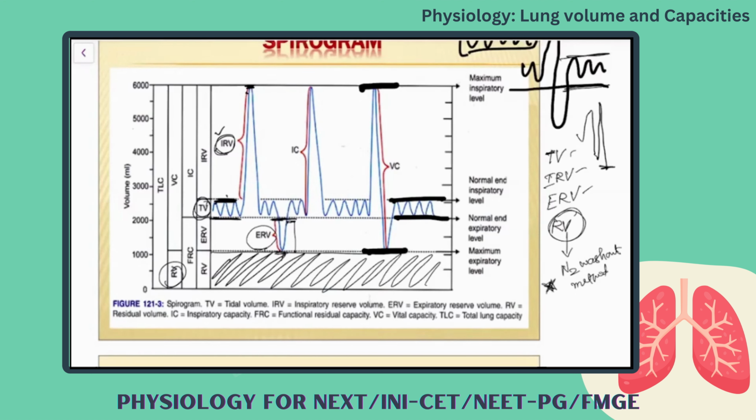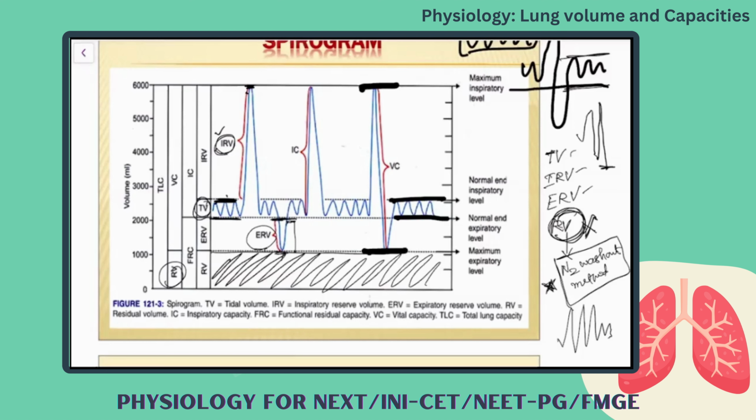Remember this always, residual volume cannot be measured by spirometry, because spirometry is measuring only the graphical representation given by the movement of the pen. That is how the measurement is happening in spirometry. This residual volume is not involved in inspiration or expiration, whether normally or forcedly. So this is one of the important things you have to remember: residual volume cannot be measured with the help of spirometry.